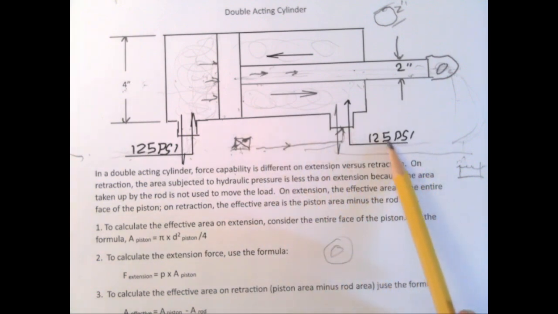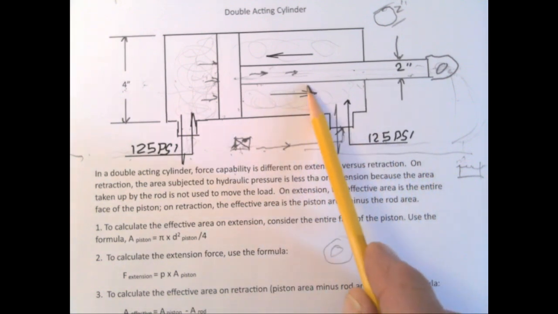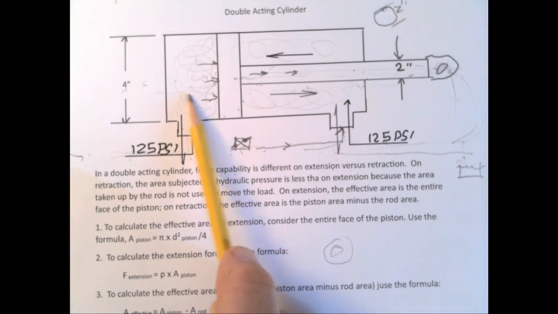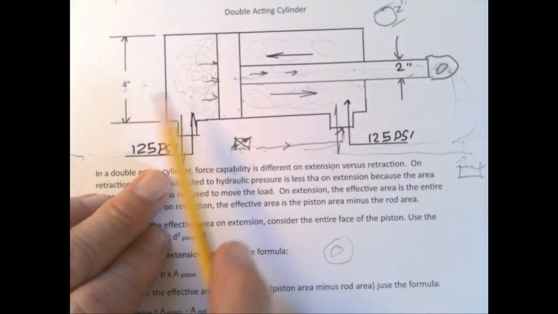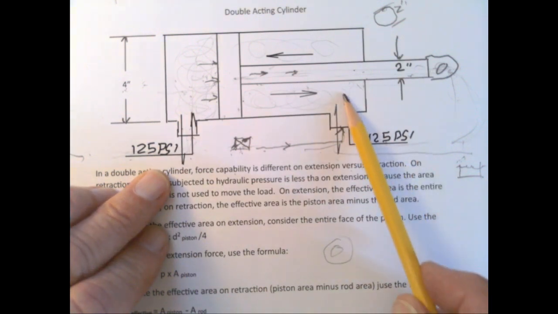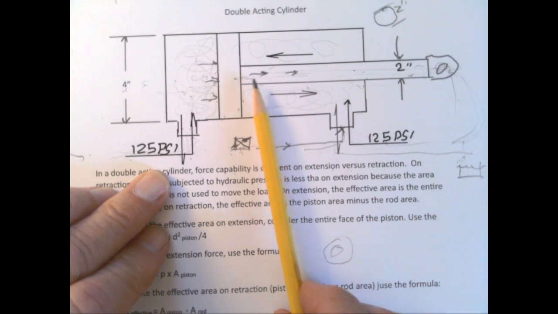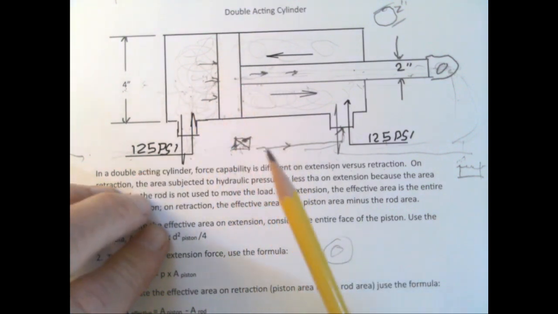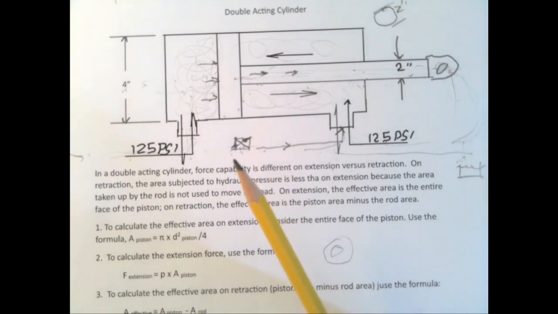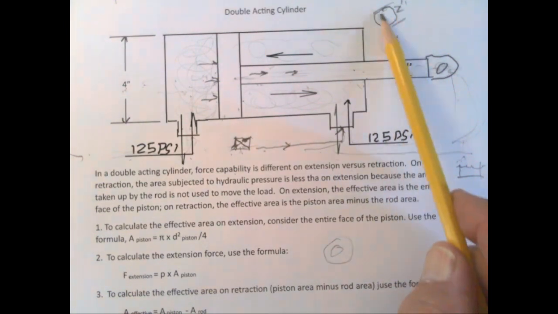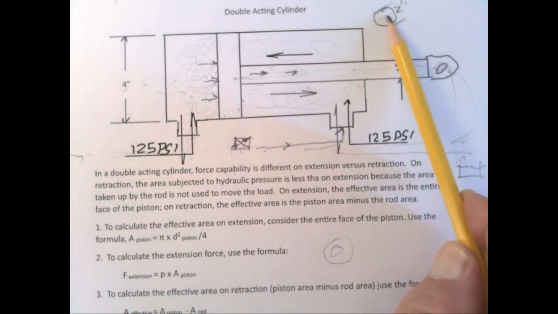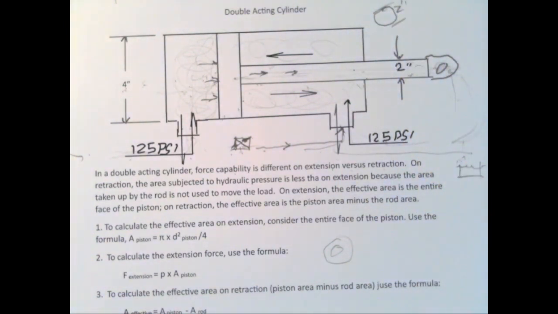So when you put 125 pounds in here, maybe you're going to have 2,000 pounds force. When you put 125 in here, you will have less area, so you're going to have less than 2,000 pounds, right? Because you're going to subtract the rod end area.